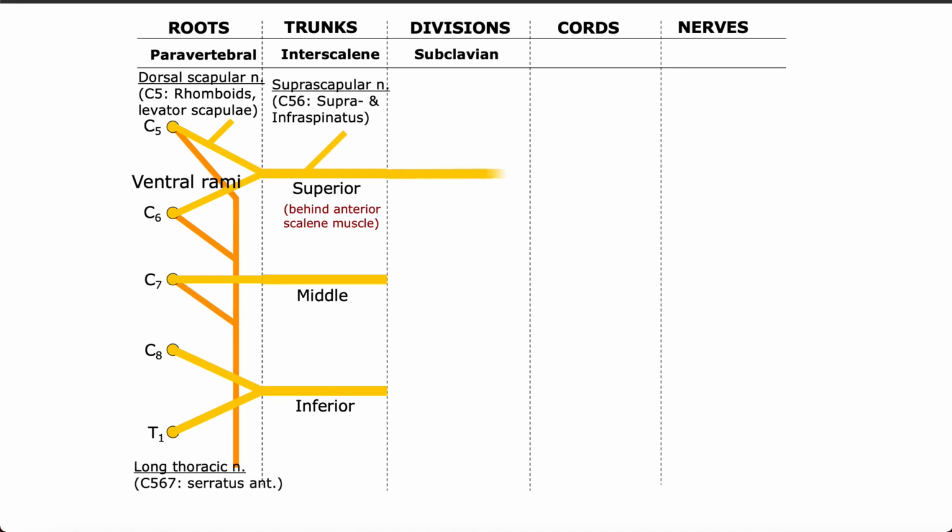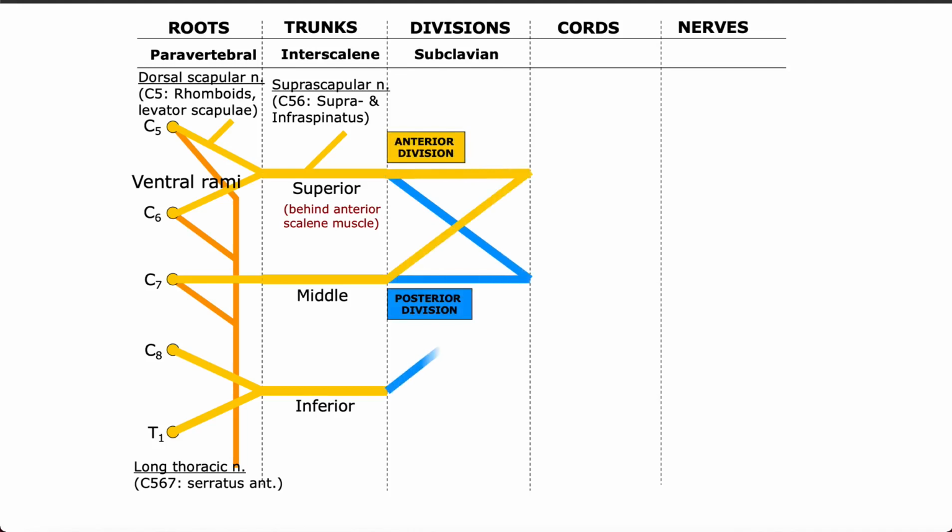And now each trunk divides into anterior and posterior, anterior and posterior. Look at it. The anterior of my superior and middle join to form a cord. All the posterior join to form my posterior cord, and this inferior one, nobody is sharing with him, is left alone.